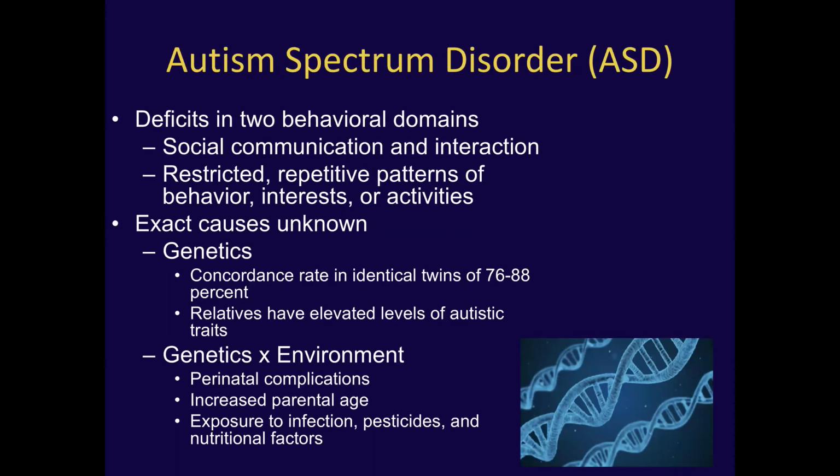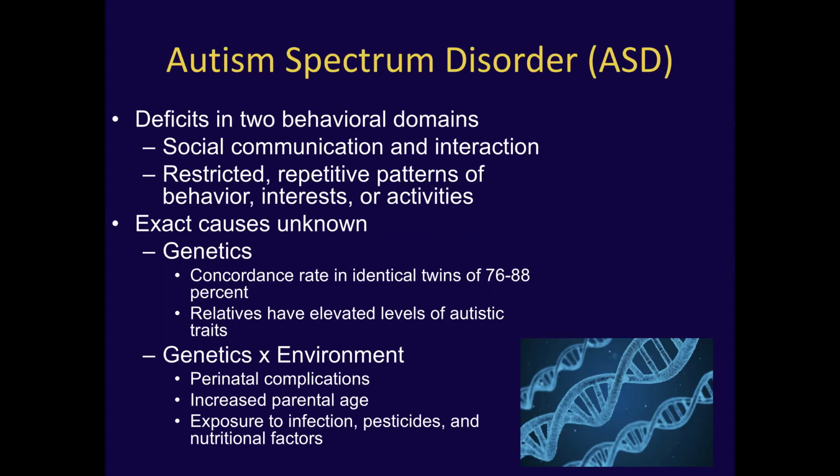Autism spectrum disorder, the diagnosis is based on the Diagnostic Statistics Manual, or the DSM. And what that does, this manual, it spells out defining features and symptoms of psychological disorders to help with diagnosis.